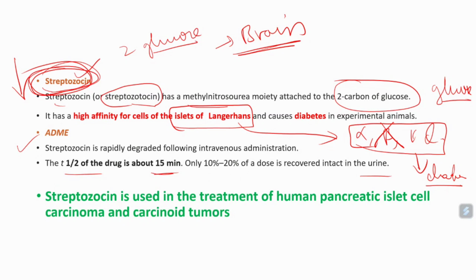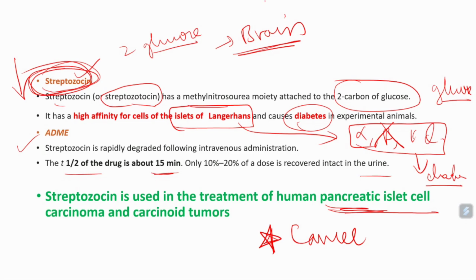One important point, streptozotocin is used in pancreatic cancer. In other cancers it may cause diabetes; type 1 diabetes can be seen with overuse of streptozotocin.